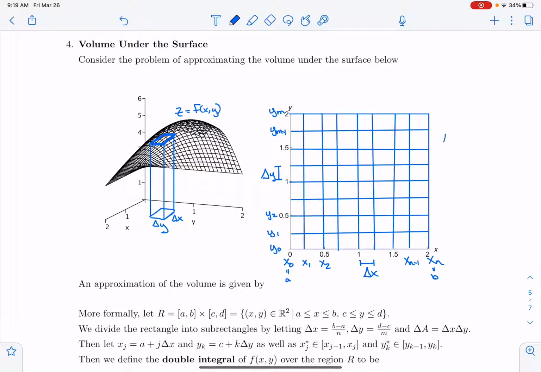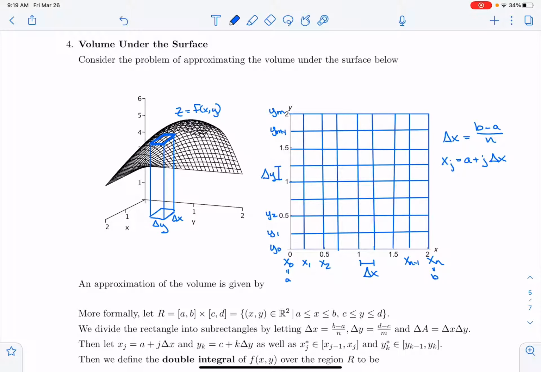If I imagine that x0 is starting at some a and xn is ending at some b, then delta x is going to be b minus a over n. I can start each x at a and then add multiples of delta x to get the other x points.